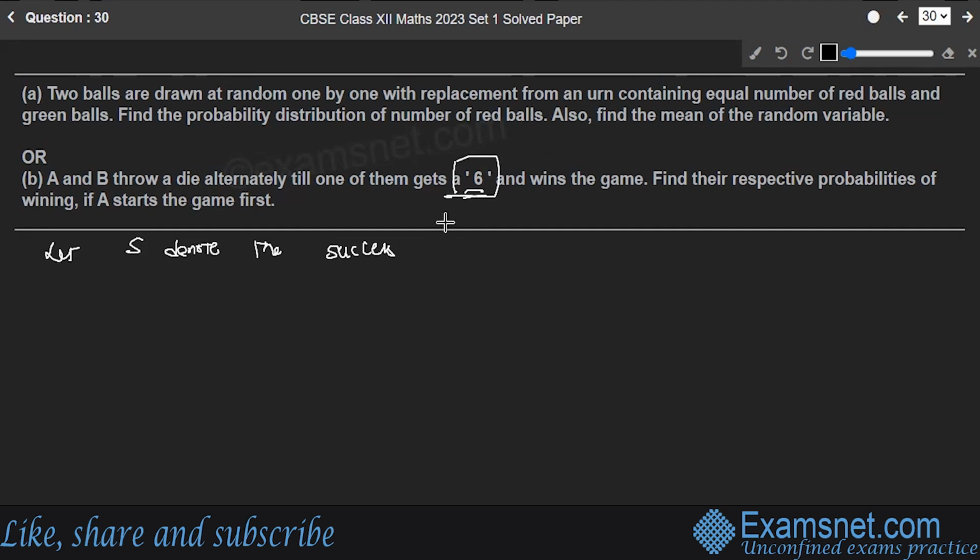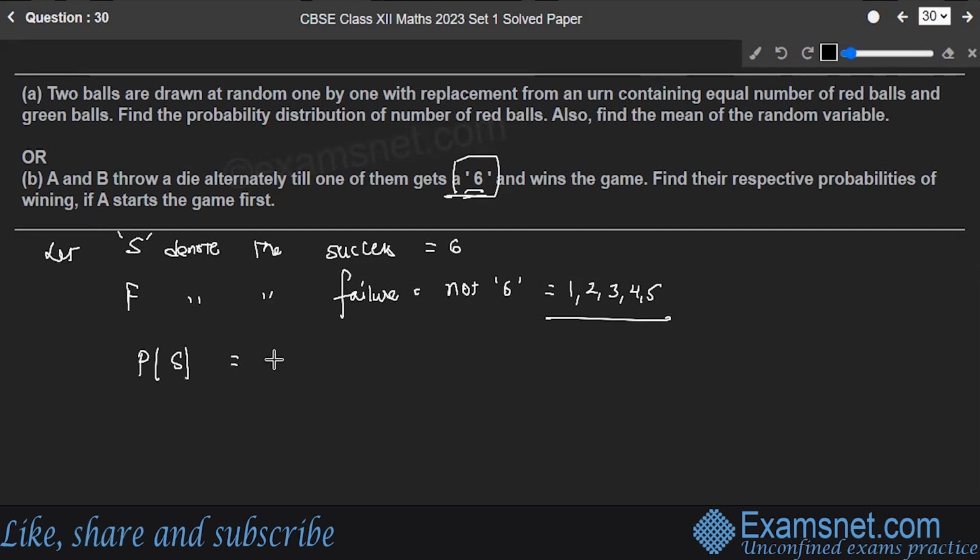So 6 represents the success, and I'm representing that success by S. And F denotes the failure. And what are the failure cases? That is not getting a 6. Not 6, or you can say this is 1, 2, 3, 4, and 5. These are the 5 cases for the failure. Thus, the probability of S to happen is 1 out of 6 because when you throw a die, there are 6 outcomes.